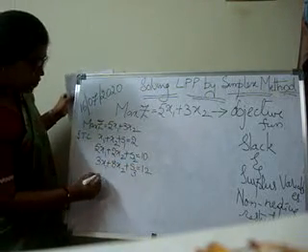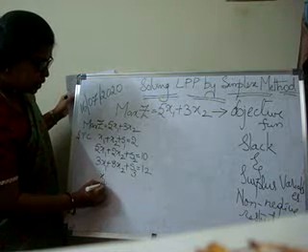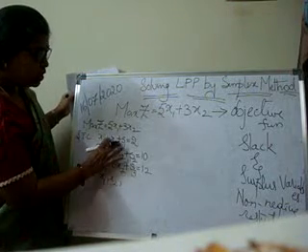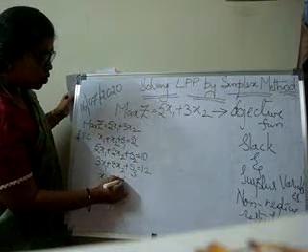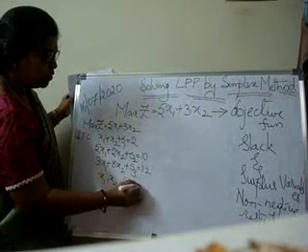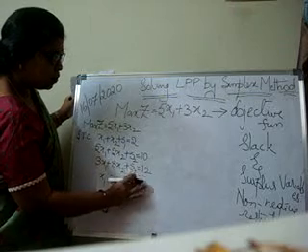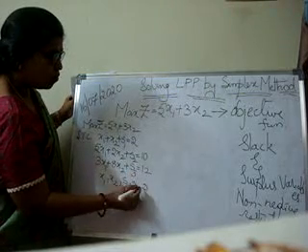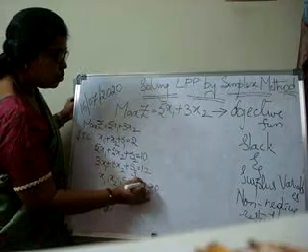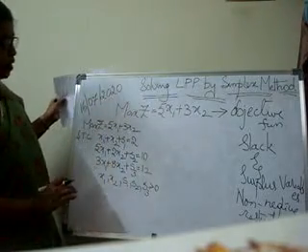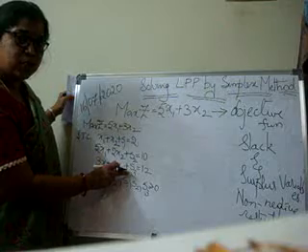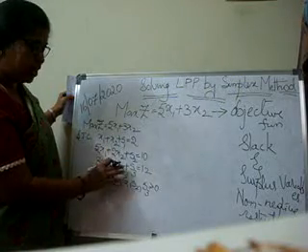Now what all have we added? Already in the problem we had x1 and x2, but the new slack variables also should be non-negative. Nothing should be negative, so we write greater than or equal to 0, and here we have added S1, S2, S3, which are slack variables.